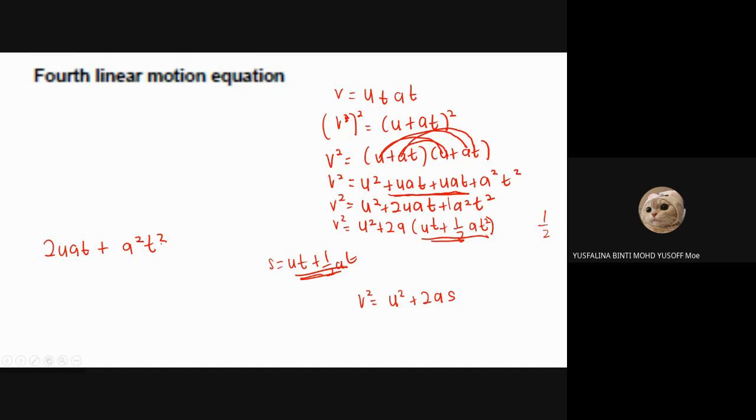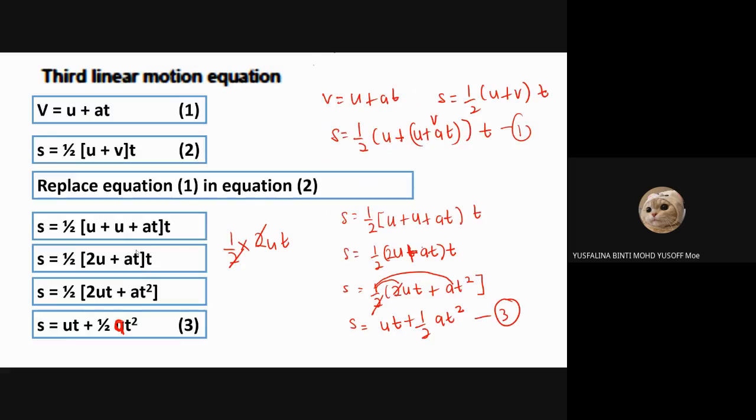So how do I factorize it? The first part, I can see both got A, so I can take out A and factorize it. And then the next part, because we want to make the equation the same like this one, I have to put 1/2 here, right?